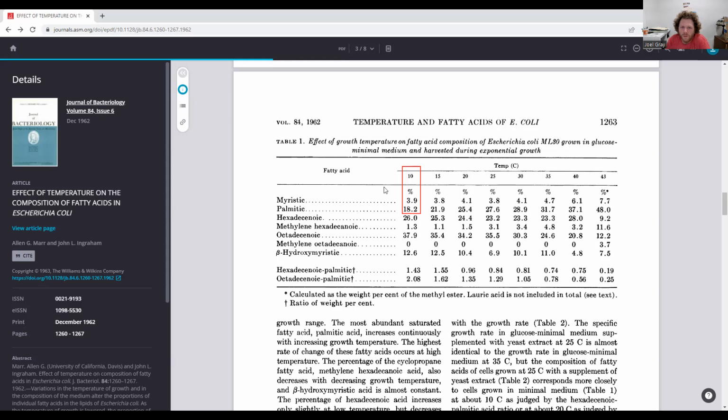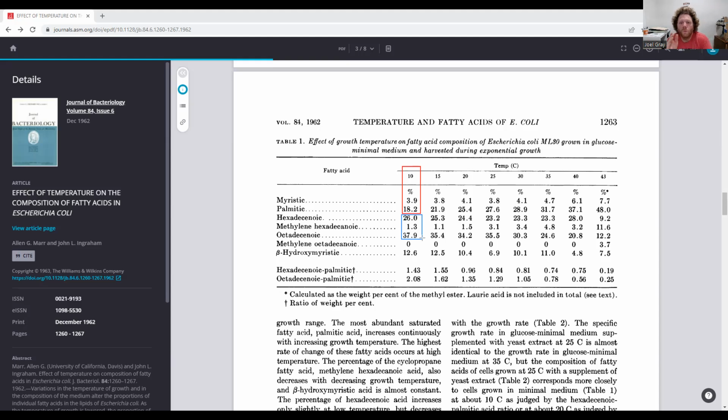Meanwhile, when we analyzed the polyunsaturated fatty acids or the unsaturated fatty acids, they accounted for more than 60% of the total fatty acids that were accounted for. So at lower temperatures, we have a higher abundance of our unsaturated fatty acids, which are more likely to be liquid at lower temperatures than our saturated fatty acids, whereas our saturated fatty acids are more likely to be liquefied at higher temperatures.